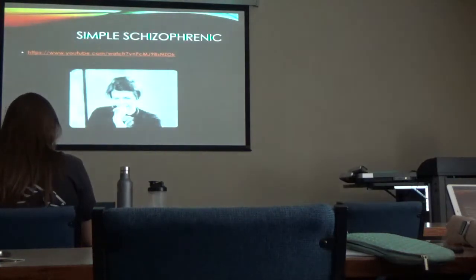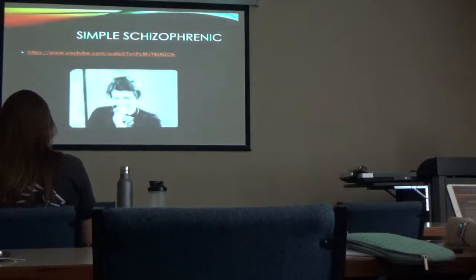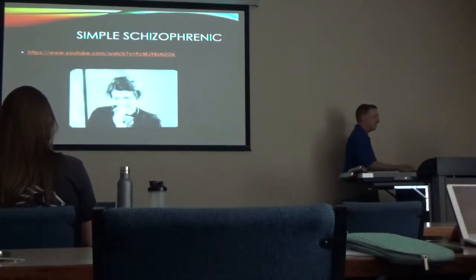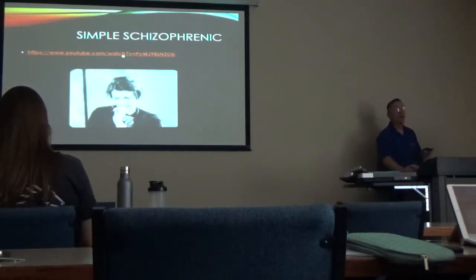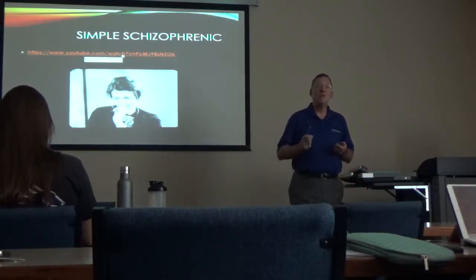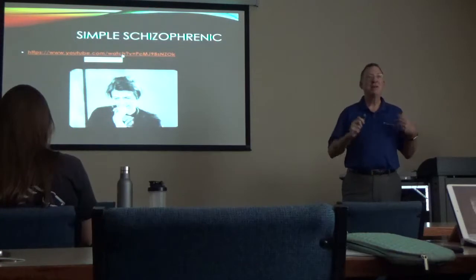Okay. I'm going to show you this video clip of simple schizophrenia. There's a psychiatrist that introduces before and after. He kind of creeps me out too, but you'll see when you hear him. What I want you to watch for in this person, I want you to kind of practice naming stuff.